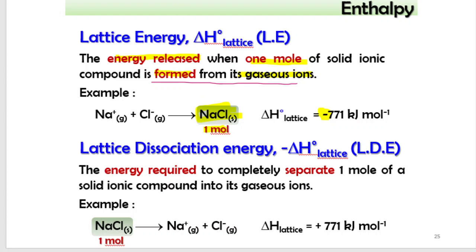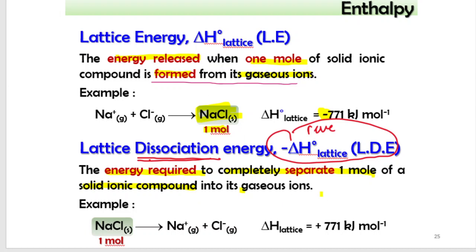Okay, so untuk lattice dissociation energy pula, dia adalah reverse. Okay, so you can see here negatif kepada delta H lattice. Dia adalah reverse. So kalau dekat sini kita baca gaseous ion Na plus tambah Cl minus dapat NaCl negatif 771. So for lattice dissociation energy, it is the energy required to completely dissociate ataupun separate 1 mole of your solid ionic compound into its gaseous ions.